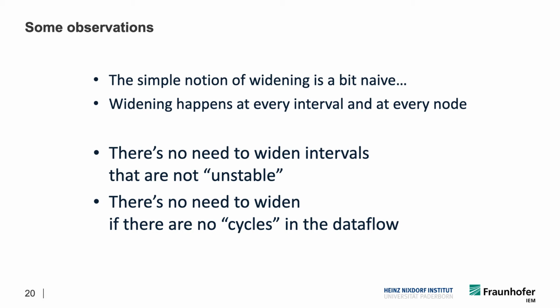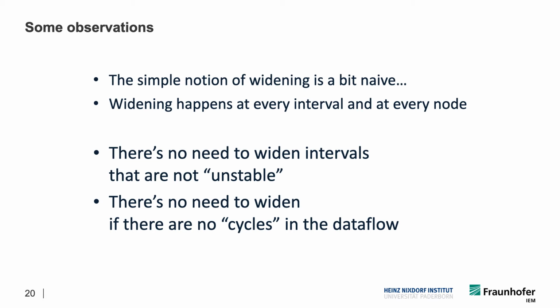But actually there is no need to widen intervals that are not unstable, right? So we only want to widen intervals that are monotonically increasing from one iteration to the next. And so there's actually no need to widen if there are no cycles in the data flow, right?